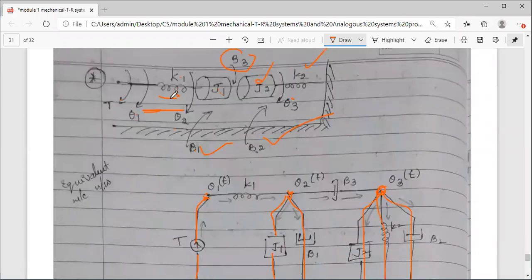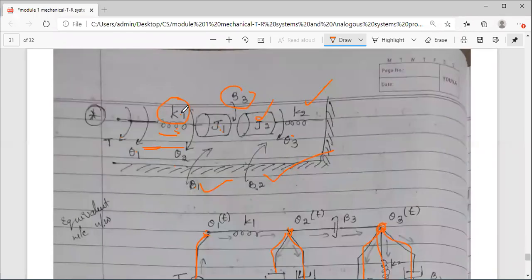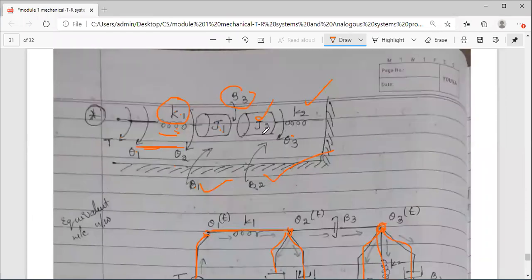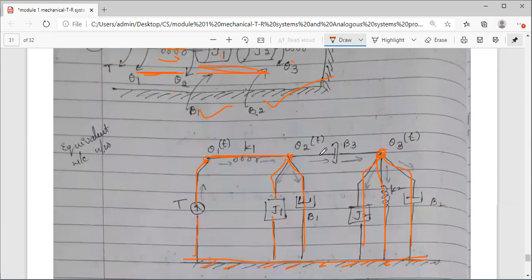And these two we have not drawn yet. K1 is between theta 1 and theta 2, so I have drawn K1 between theta 1 and theta 2. And what is B3 in between? It is between theta 2 and theta 3. Okay, this is your equivalent mechanical network.